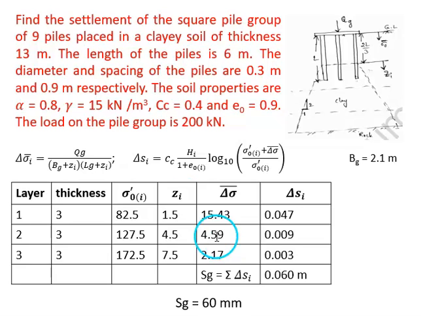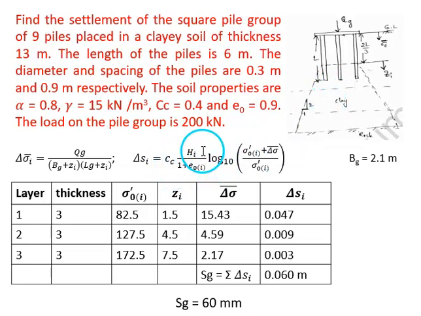Then using the consolidation settlement equation, we can estimate the settlement of that particular layer. So Cc value is given as 0.4 into H naught. H naught value is 3 meter. For the first layer, the thickness is 3 meter.